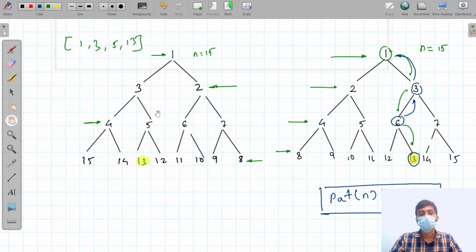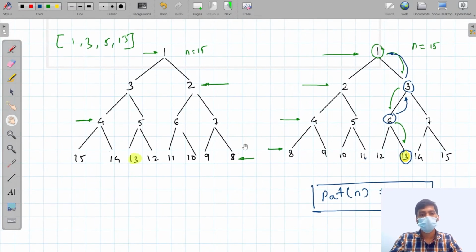Let's try to apply the same formula to this tree. What is the difference between these two trees? I have just told you that in this tree the order is given first in this direction, left to right, then right to left, then again left to right, and then again right to left.